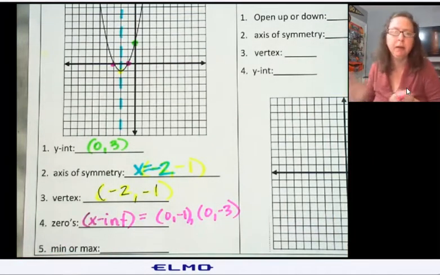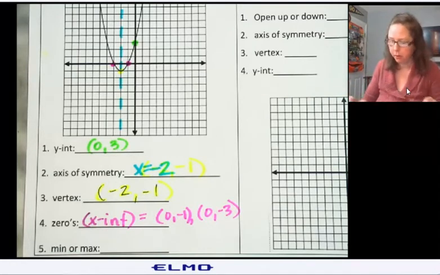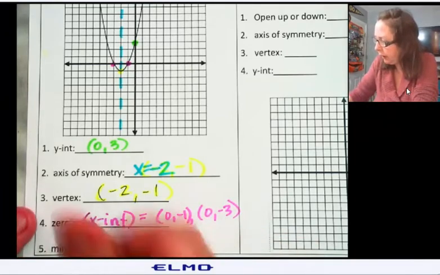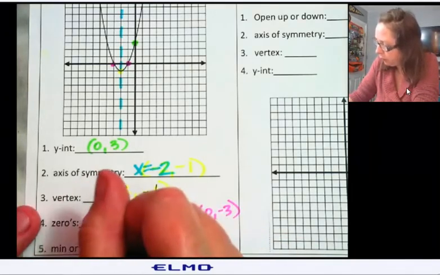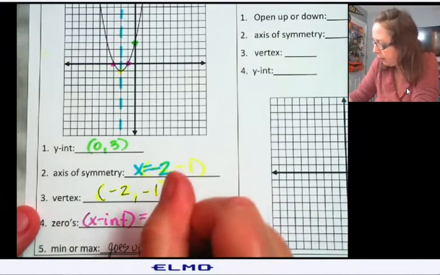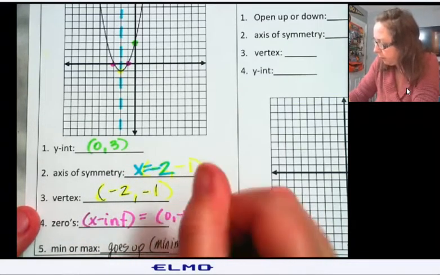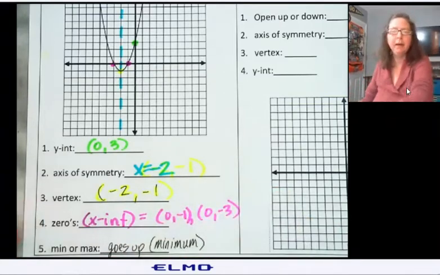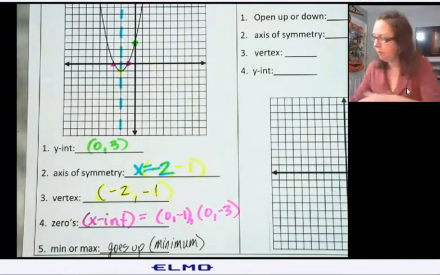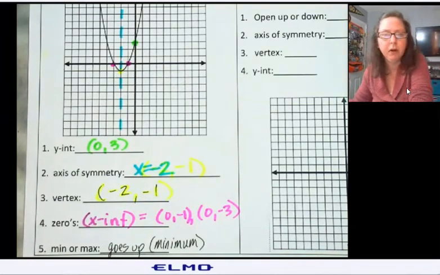And now, finally, I need to determine, is this vertex a minimum or a maximum? Well, because the graph is going up, I have a minimum here. Alrighty, and so that is all the key characteristics by just looking at the picture of a parabola.